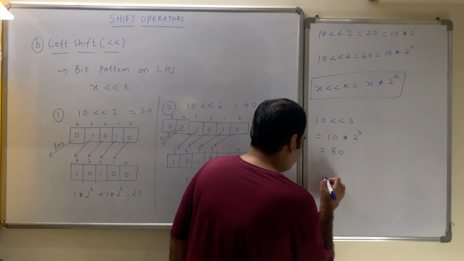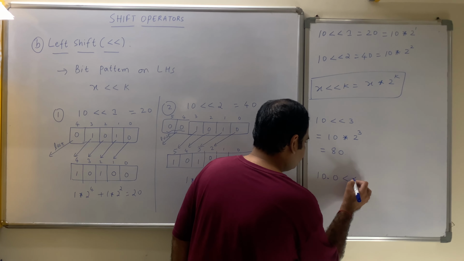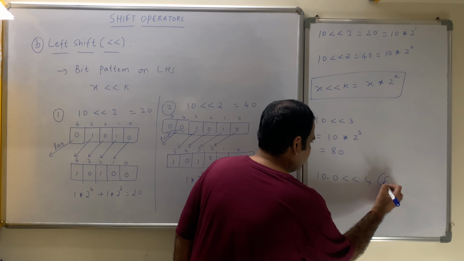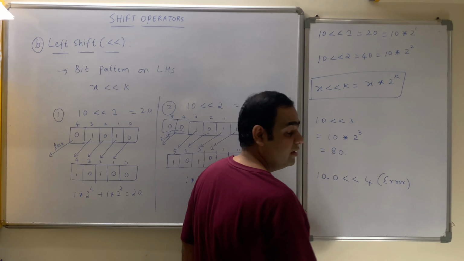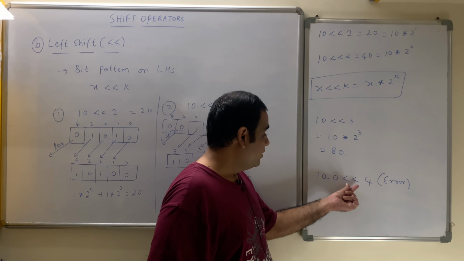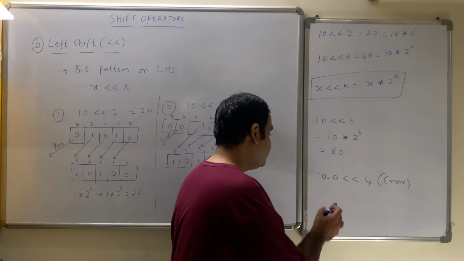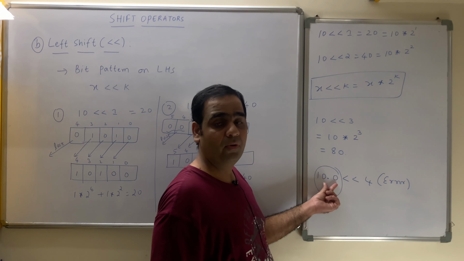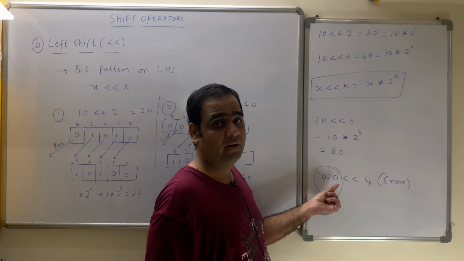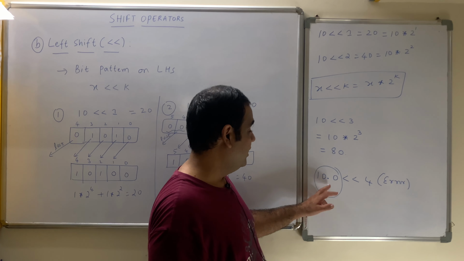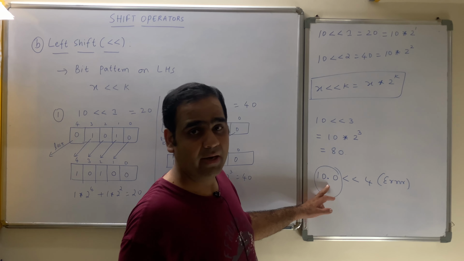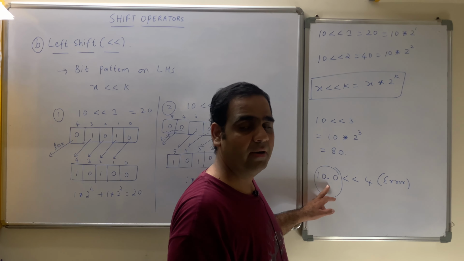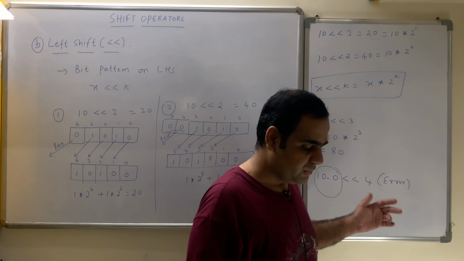Suppose if I write 10.0 left shift by 4, this is an error. This is an error because this is a shift operator, and shift operators can only be applied on integers, but 10.0 is a real number, a floating point number, and left shift or right shift cannot be applied on floating point numbers.